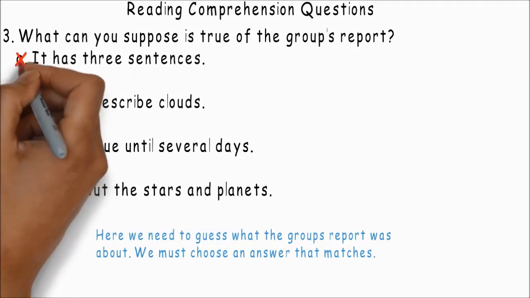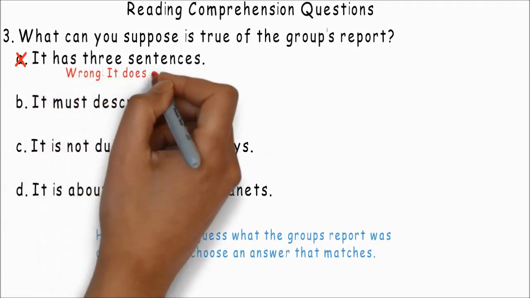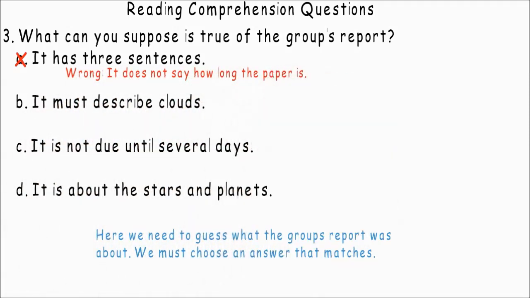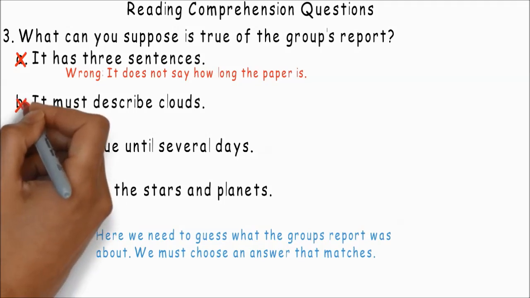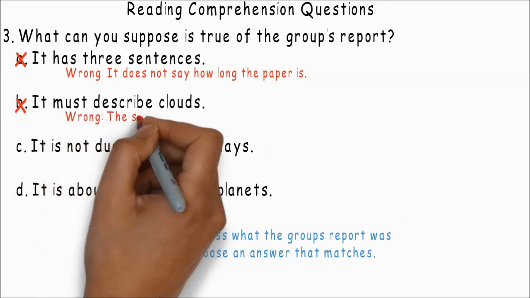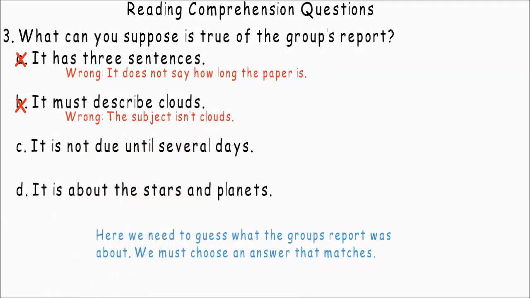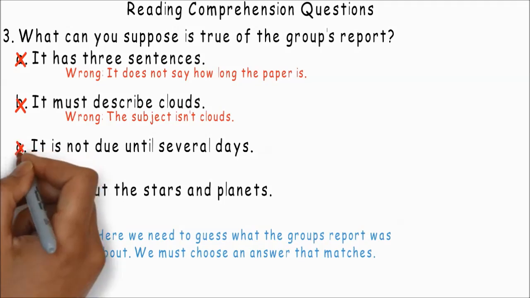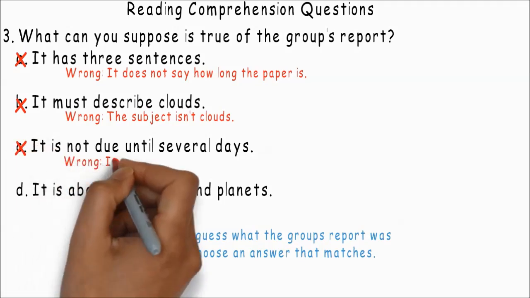Well, A is wrong. It has 3 sentences. It does not say how long the paper is anywhere in the story. And 3 sentences is very short. It's not B. It must describe the clouds. The subject isn't clouds. The subject was planets. It's not due until several days.